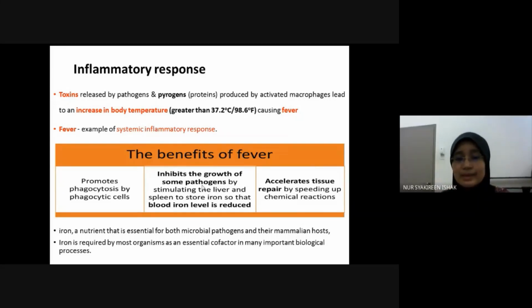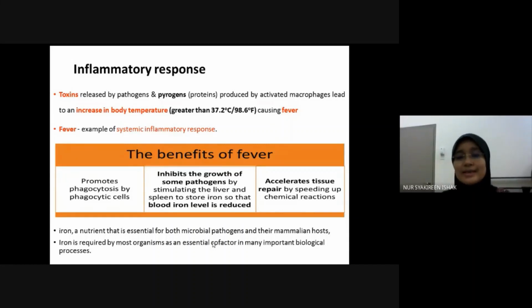Kenapa dia pilih iron? Sebab iron ni it is a nutrient that is essential for both microbial pathogens and the mammalian host. Maksudnya kat sini iron ni dia bertindak sebagai, dulu kan kita dah belajar pasal enzim cofactor kan. So iron ni dia bertindak sebagai cofactor pada enzim yang terlibat dalam metabolic activity of cells.